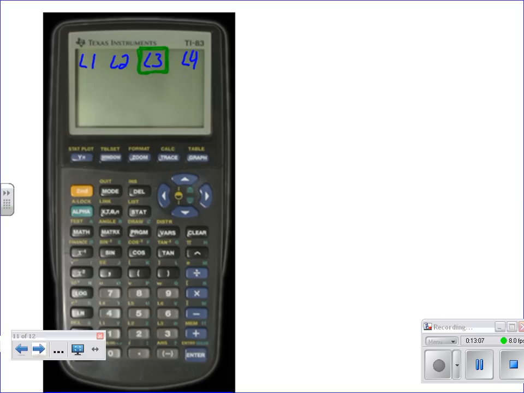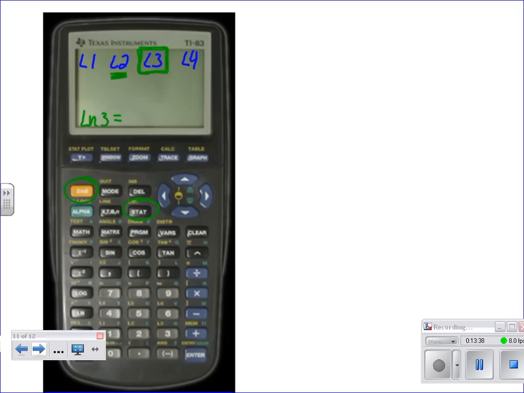And you're going to see down at the bottom right here, it probably says L3 equals, and you want it to be equal to the natural log of your concentration, which is the natural log of L2. So at that point you're going to hit second and list, which is that stat button, and that's going to give you a list of some different things.